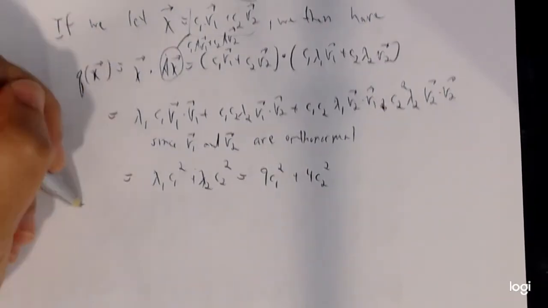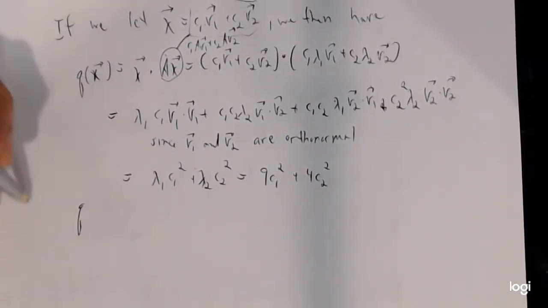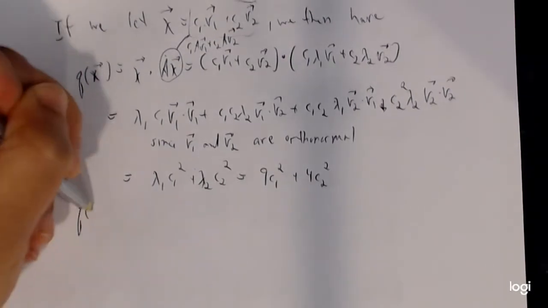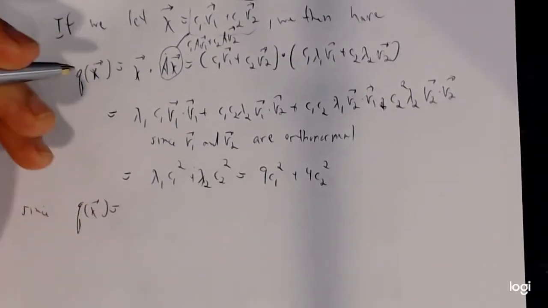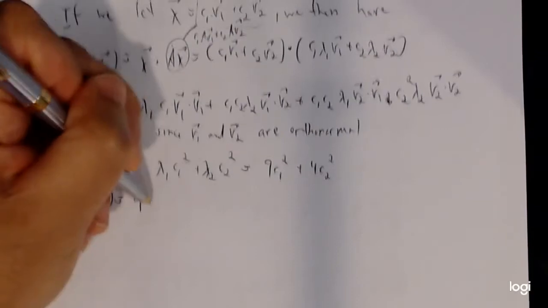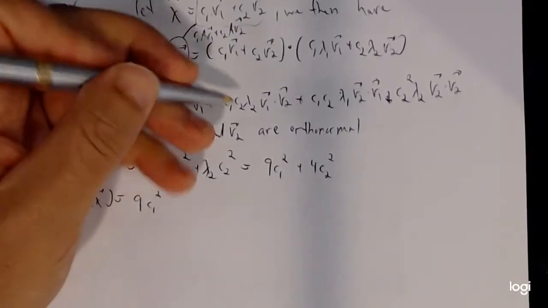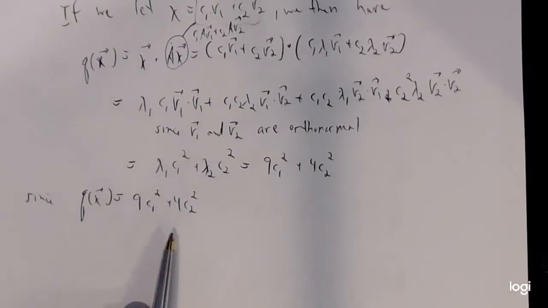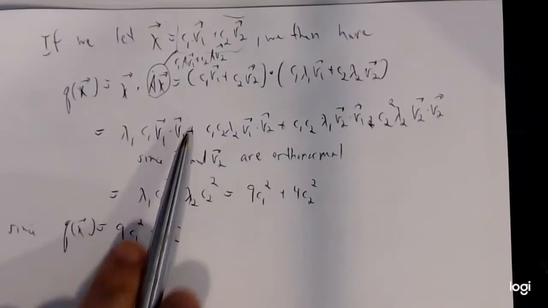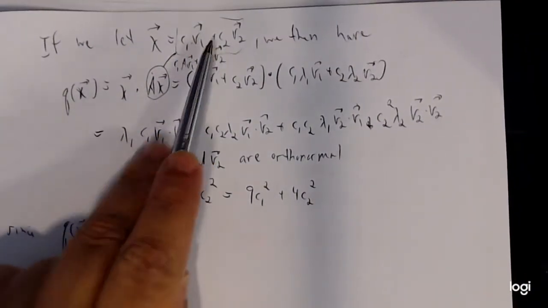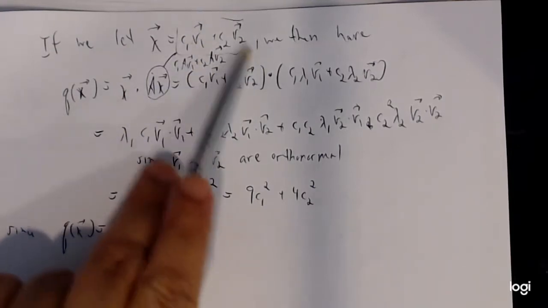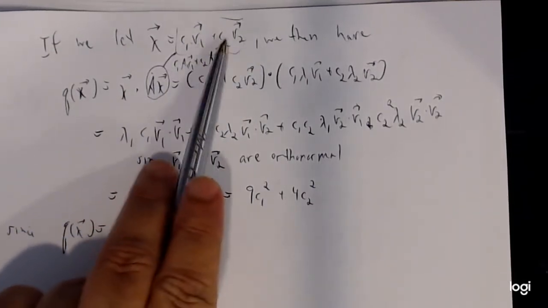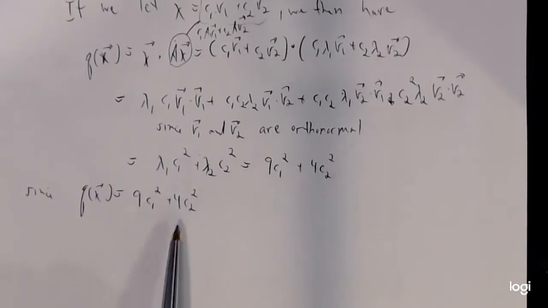But more importantly, we found that Q of x is equal to 9 c sub 1 squared plus 4 c sub 2 squared. And remember, these c sub 1 and c sub 2 are pretty much like the coordinates of our basis, which we talked about in first semester, right?